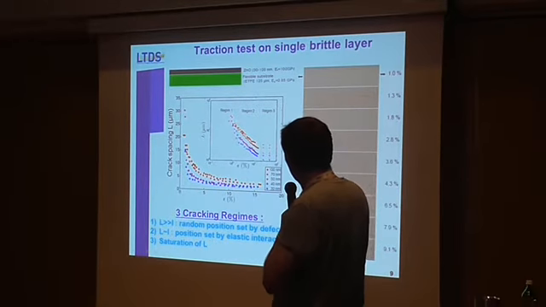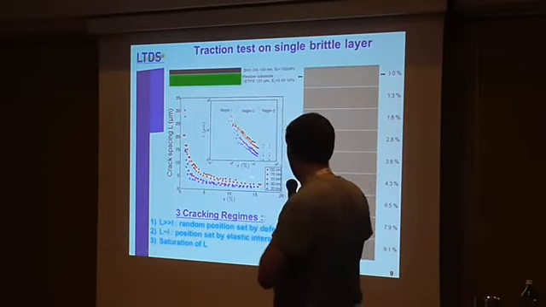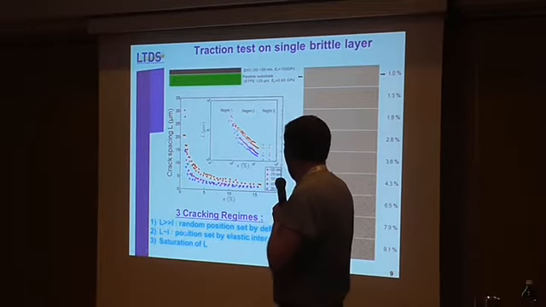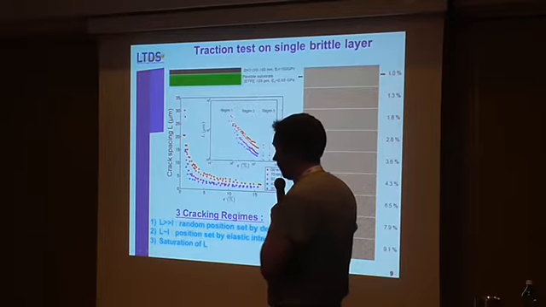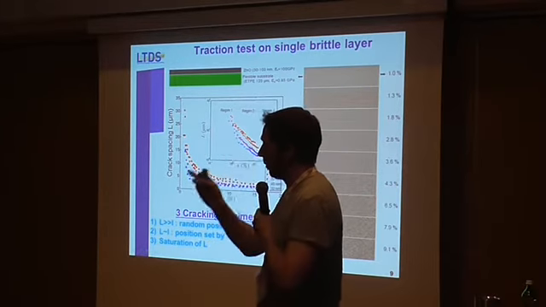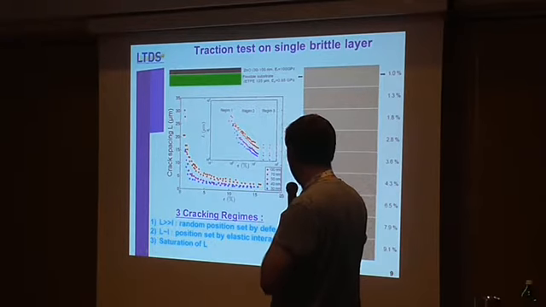And then there is a second regime, which is characterized by this linear evolution of L as a function of the strain in the log plot, where the position of the new crack is set by elastic interactions. That means that each fragment is cut into two new fragments of the same length.